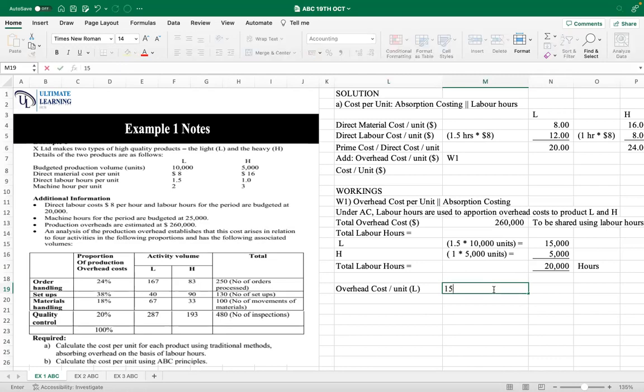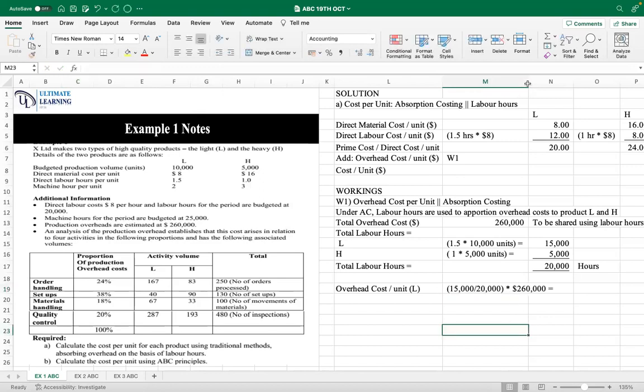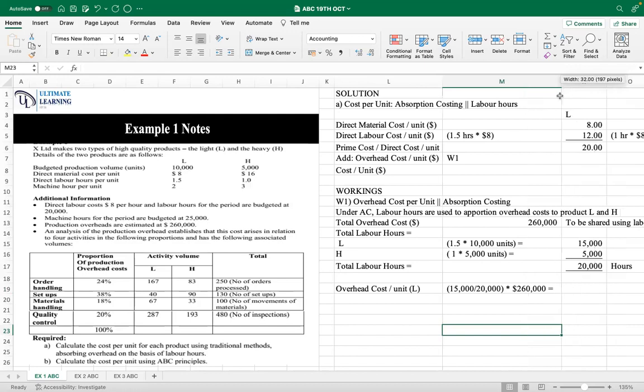So I'll take 15,000 hours divided by 20,000 hours, since we are apportioning using labor hours, times $260,000. $260,000 is the overhead costs. So that is what we have in this case.